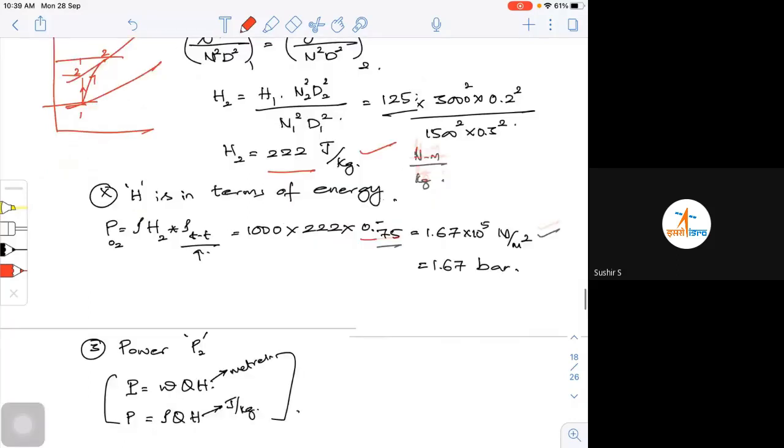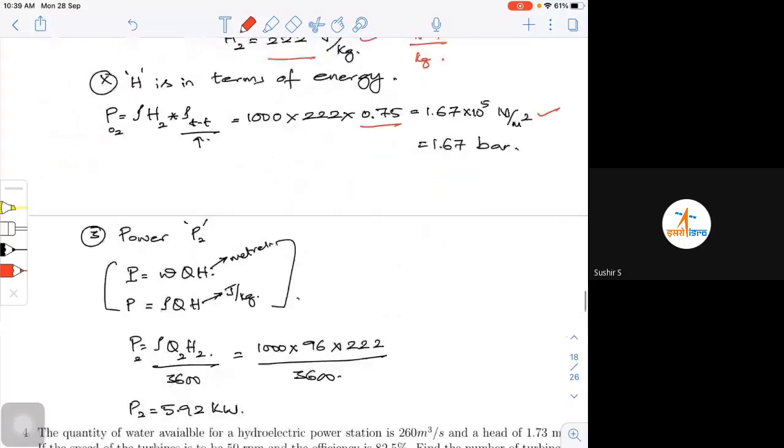Now the same formula. If I want to calculate the power, the formula we used is omega P equal to omega QH, if the value of H is in meters. If the value of H is in joules per kg, I'm going to use only rho into Q. So with both formulas, you have to be a bit careful. You have to balance the units on LHS and RHS.